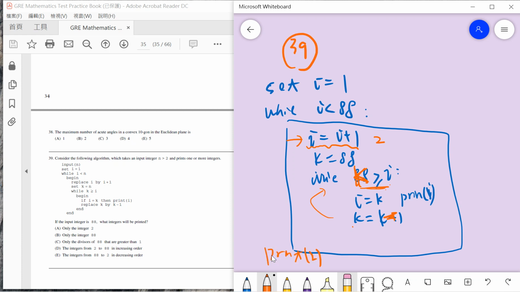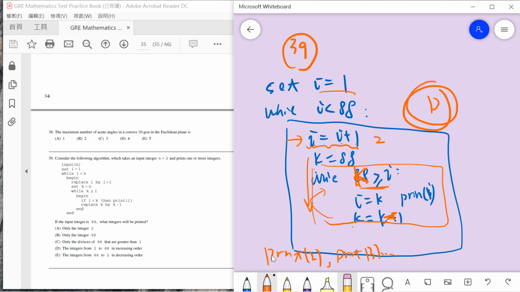Then k becomes 1, and the while loop is finished. After that, i will become 2 plus 1, which is 3, and keep doing the same process. So you will print 2 and print 3, and keep going until 88. So the answer is D. There is no easy way to solve this problem. It just tests your understanding of logic.